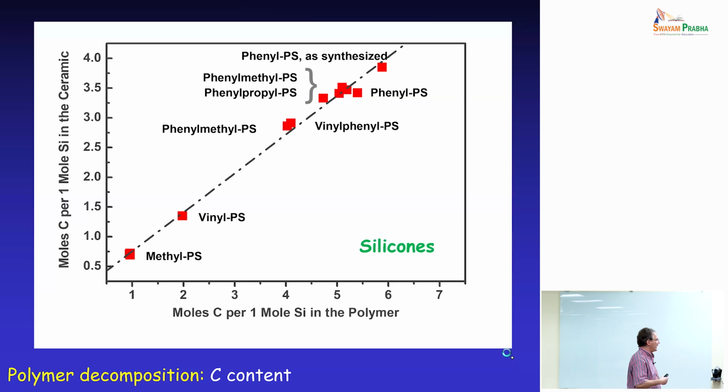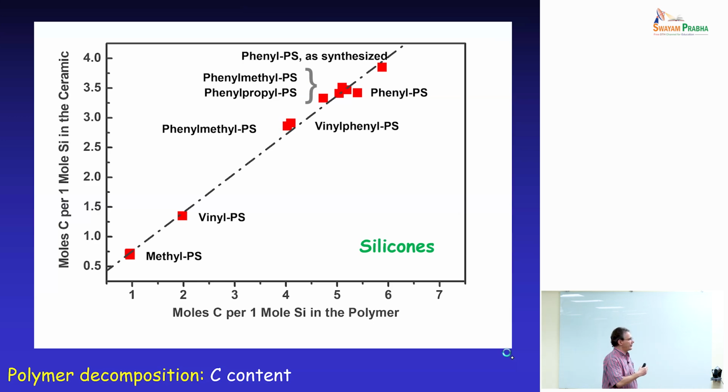Here you can see, for instance, in silicones, how by modifying the type of polymer that you're using, you can modify the ratio between carbon and silicon in the material, so the content of carbon in the material.